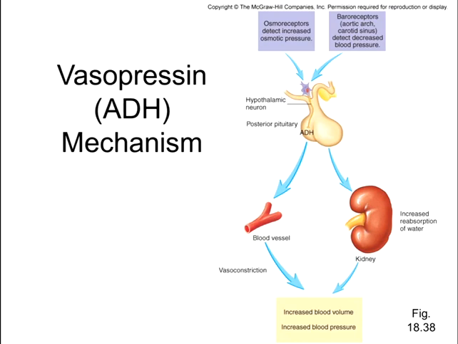If it's the central type of diabetes insipidus, the person is either not producing enough anti-diuretic hormone, or it's not being produced at all. If you don't produce enough anti-diuretic hormone, it causes you to void more urine.